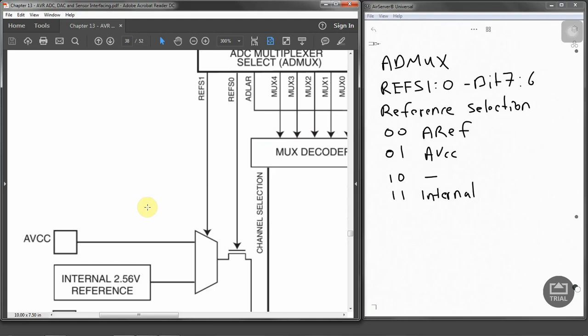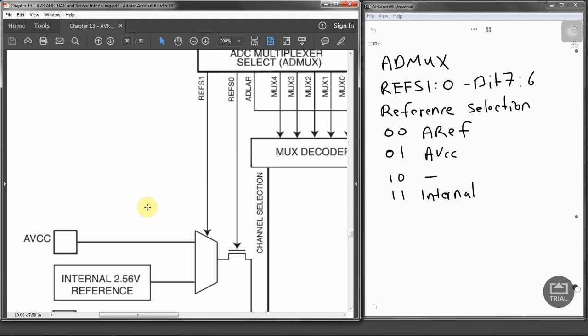Please consider that if you want to connect the AREF pin to an external fixed voltage, you will not be able to use the other reference voltage options in the application, as they will be shorted with the external voltage. So we have to be careful over there.